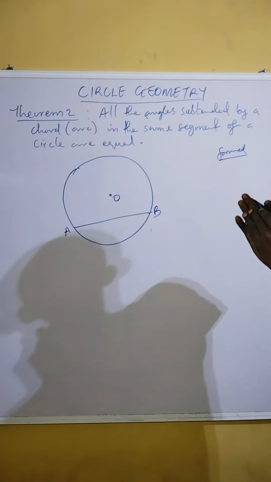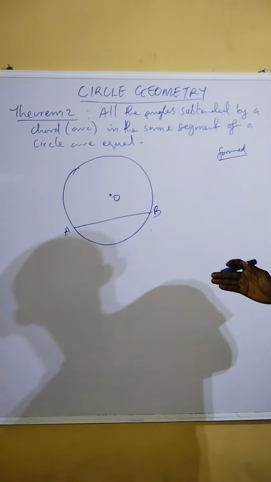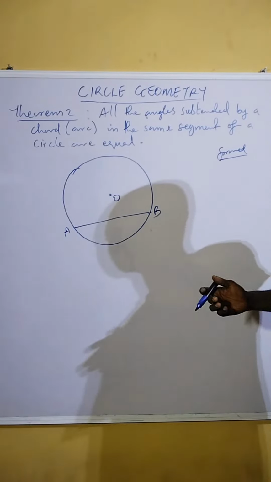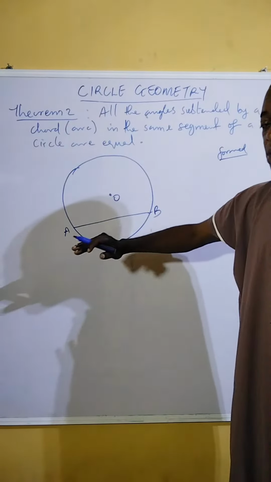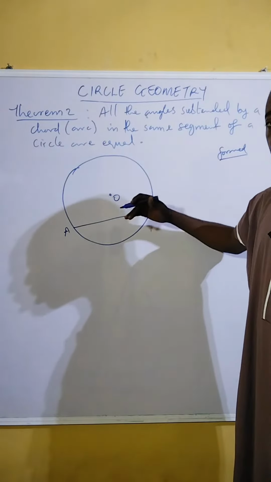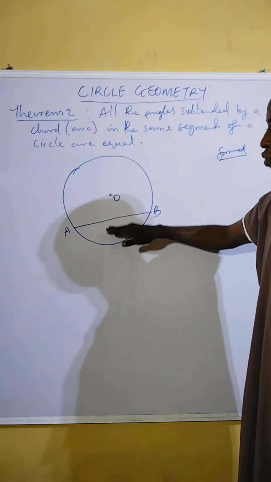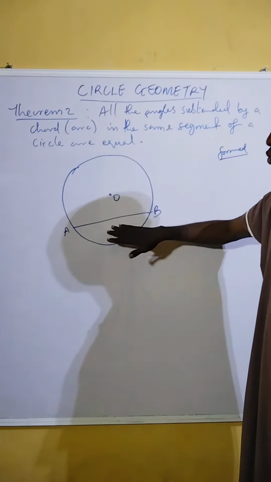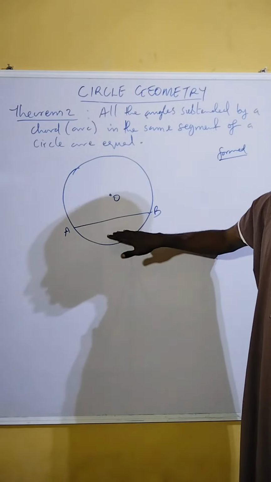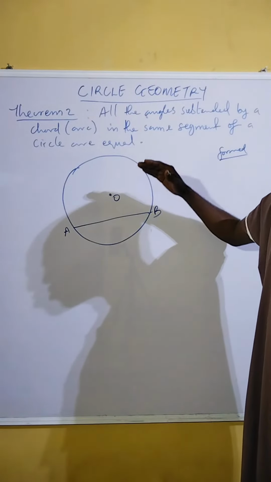Okay, so let's call this a chord called AB. And all the angles formed by a chord in the same segment. Now, this chord has already divided this circle into two segments. We have this smaller one and this bigger one. This smaller one can be called the minor segment, while this bigger one can be called the major segment.